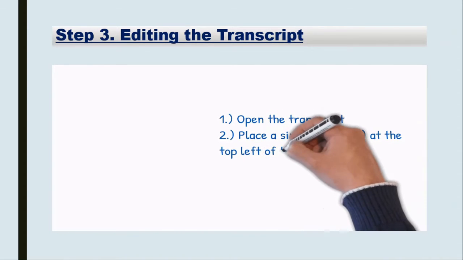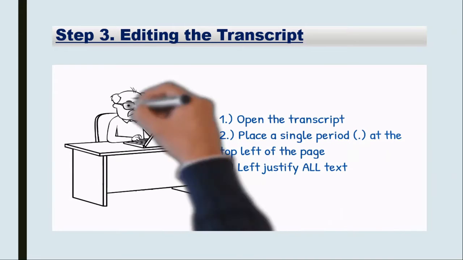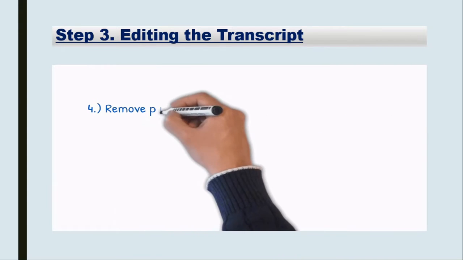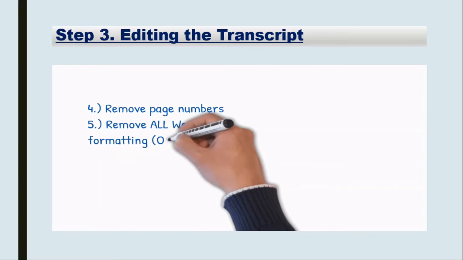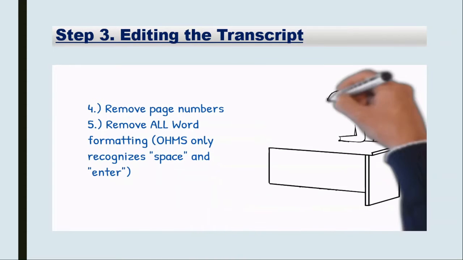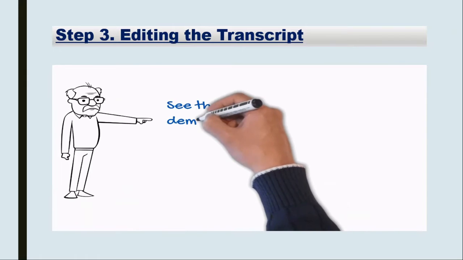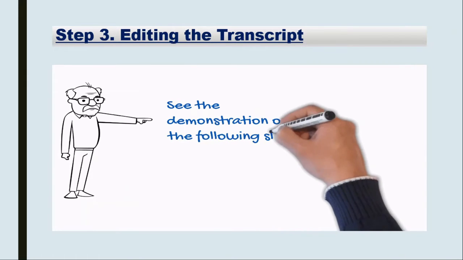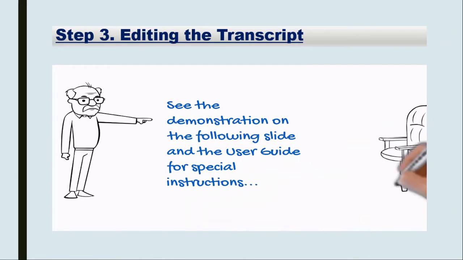Place a period at the top left of the page and hit Enter. All text should be left justified. Next, remove all page numbers. OHMS does not like special formatting. It will only recognize space and enter. Please see the following slide or the user guide for special instructions in this process.